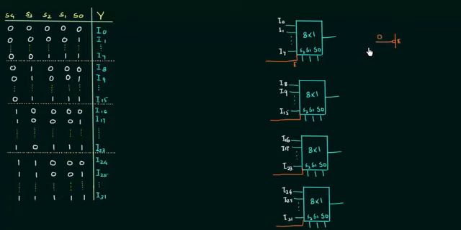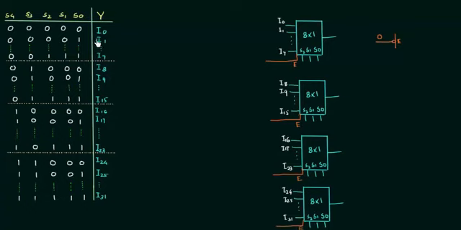Whenever the input is low, the circuit will be operational, but in our case the enable is not active low, so whenever the input is low, the circuit will not be operational, and when enable is high, the circuit is going to be operational. So don't confuse yourself with the active low signal. The active low signal is always represented with this bubble, and in this case we are not taking the active low signal. So these are the enables for all these 4 multiplexers.